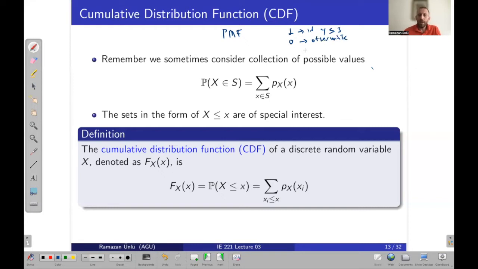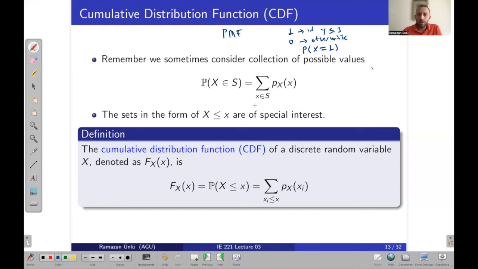And then we calculated the probability that x, the random variable, is equal to 1. So the probability of the random variable in subsets is equal to the sum of the probabilities of the individual values, right?